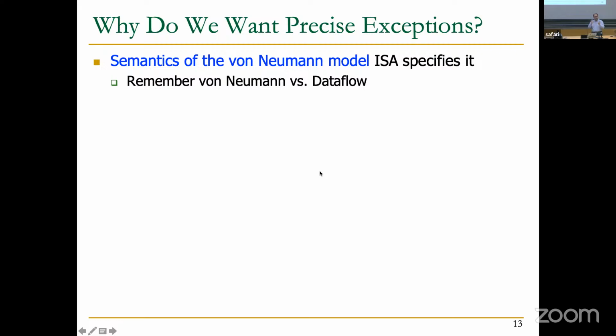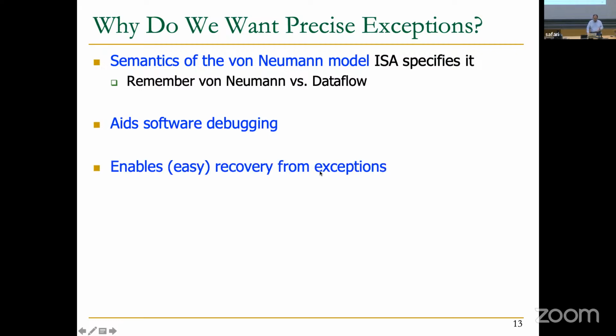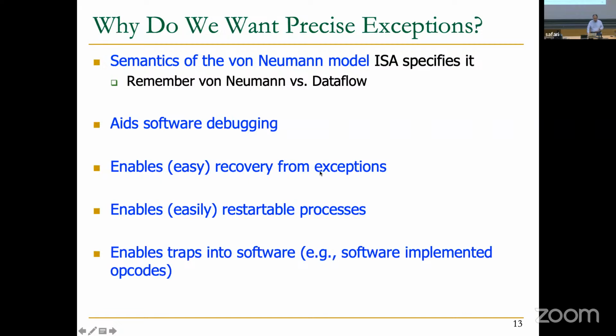I will briefly describe data flow later in this lecture, but not now. It's also good for software debugging, enables easy recovery from exceptions, enables restartable processes, and enables traps into software. As I said, like software-implemented opcodes, whenever an exception happens, you can write traps that take those exceptions and do meaningful things for your program.